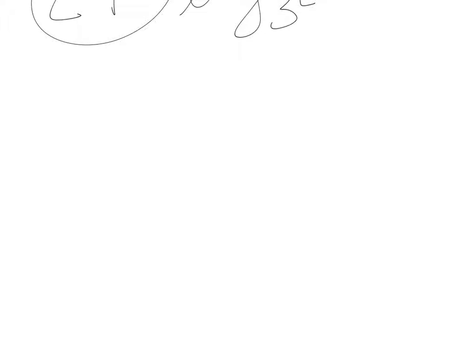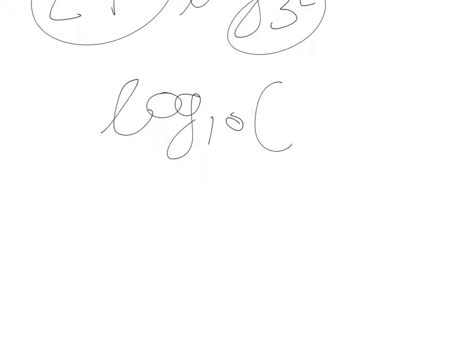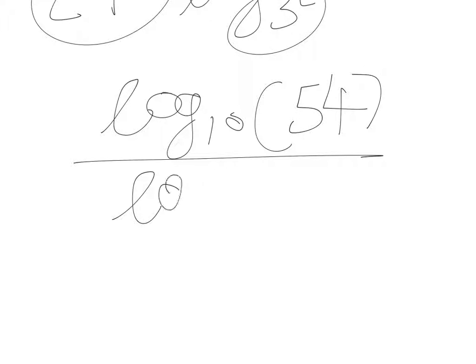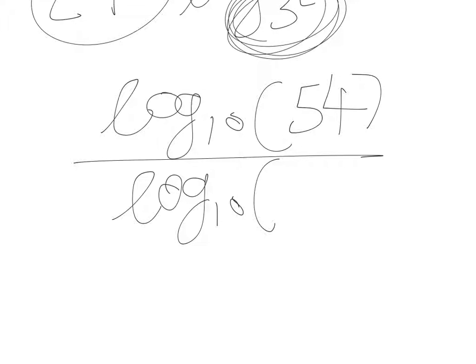So remember our change of base, we can change any base. Here we have 3. Clearly we want a base of 10, so we can actually use our calculator to solve this thing. So when we do that, you're going to get log base 10 of whatever you're taking the log of in the beginning, and that's all going to be divided by log base 10 of what your previous base was, or this 3 down here.